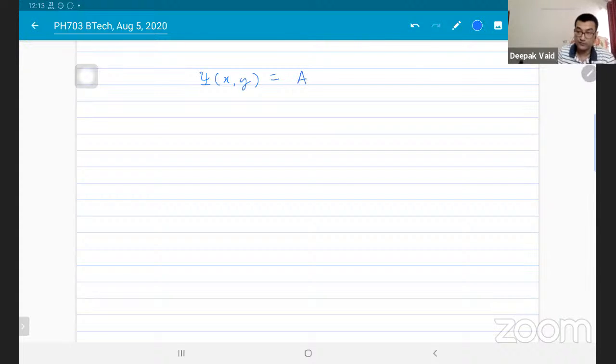The solutions will be of the form some constant times exponent i k dot r, or k dot x. What is x? This is the vector x, which is x and y. What is k? kx, ky.